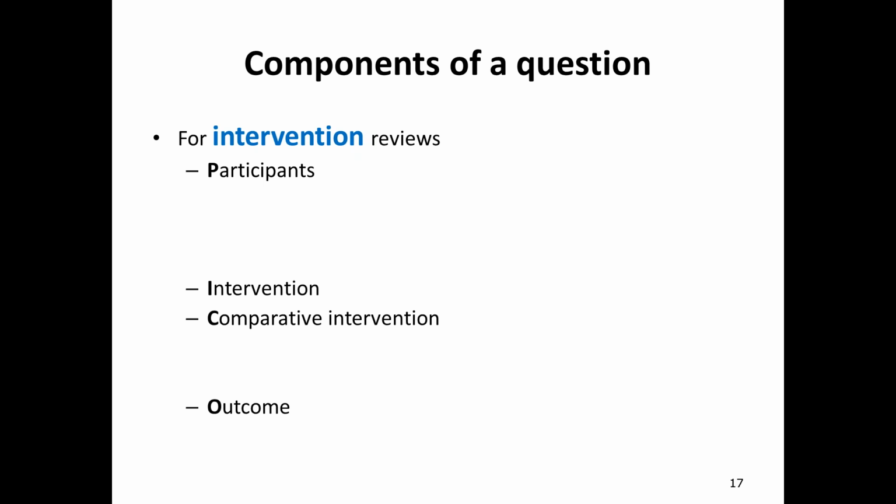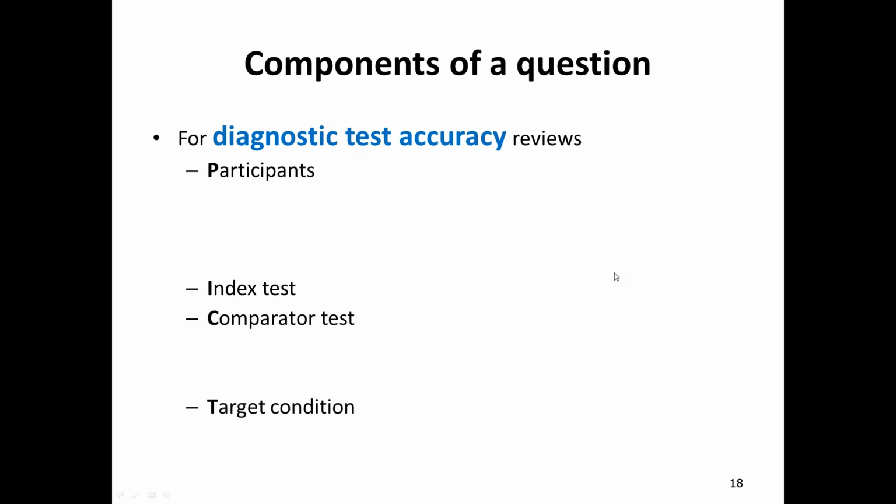It doesn't really work so well when we try and use this set of subheadings for Cochrane DTA reviews. Lots of people stick with this list, and I think it's a bad idea. We encourage you to change some items on this list. So rather than a PICO, we actually talk about, if you like, a PICT. The participants stay the same. The intervention becomes our index test, and our comparator test, if we are comparing several tests, we'll have a comparator test.